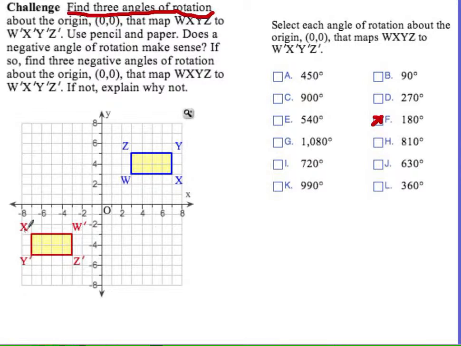Again, remember, to get back to this spot, we have to rotate 360 degrees, a wheel. So if we already rotated 180 to get right back to the same spot, we need to add 360. 360 plus 180 is 540.